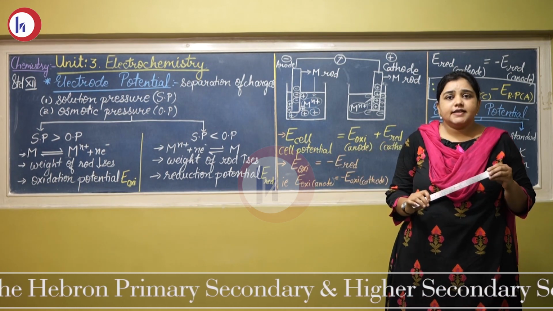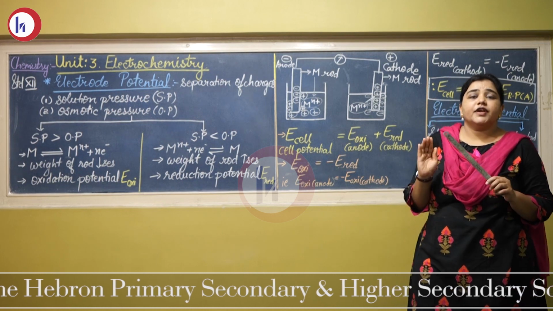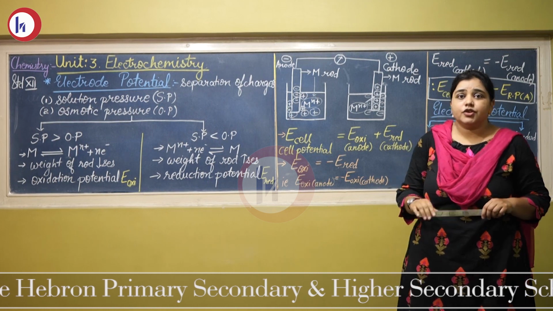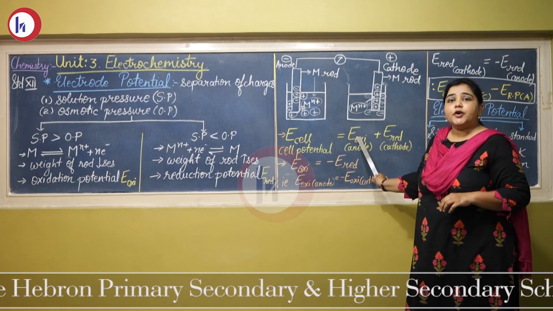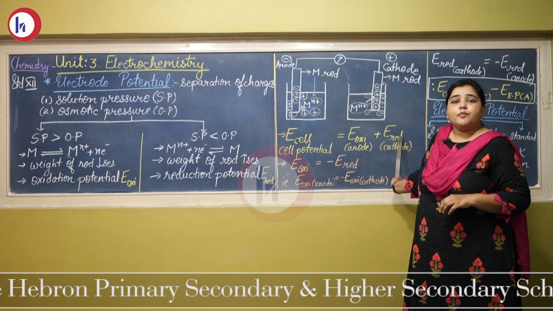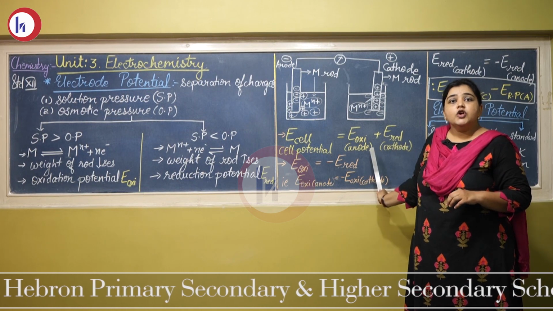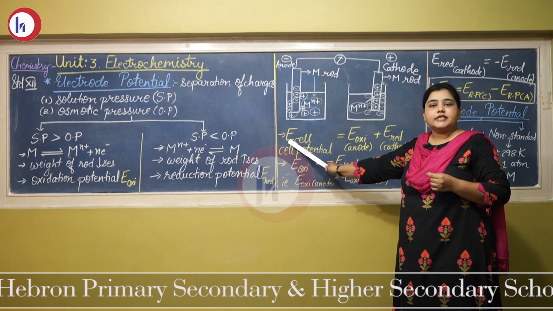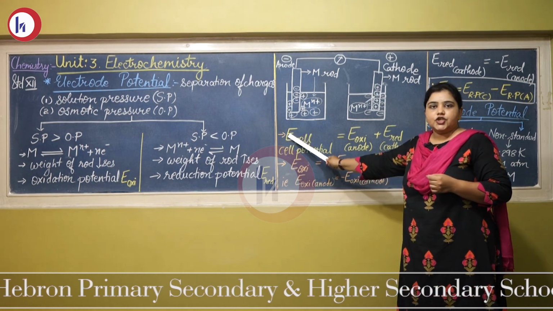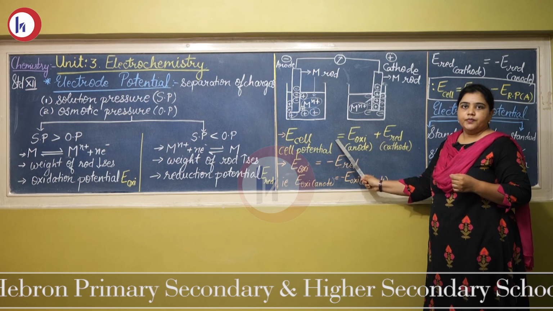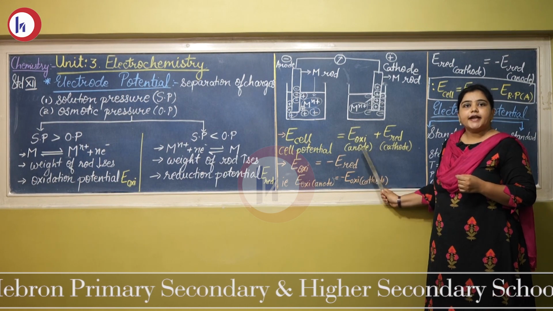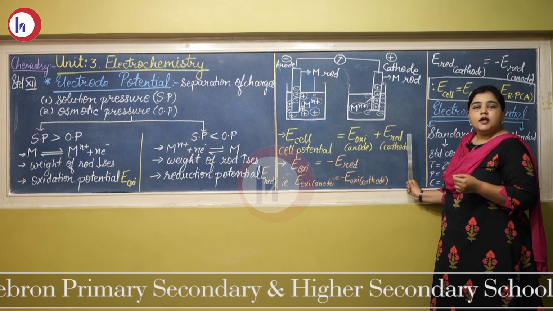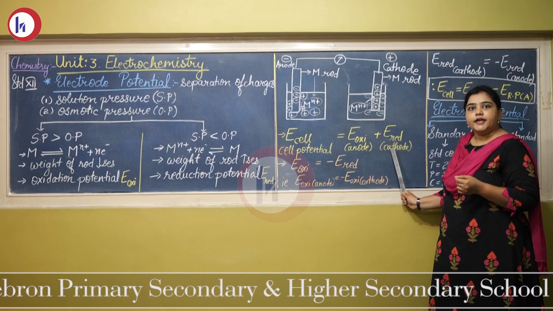So basically we can say the cell potential of a given galvanic cell is the sum, that is the addition of the cell potential of the anode and the cell potential of the cathode. So we can write it in the formula like this: E stands for potential, cell potential is equal to oxidation potential at anode, because at anode oxidation occurs, plus the reduction potential at cathode.